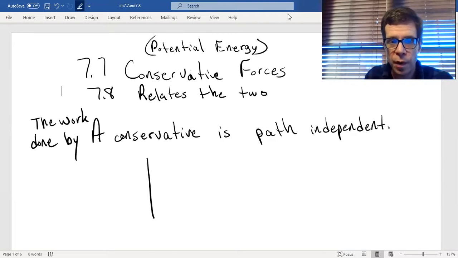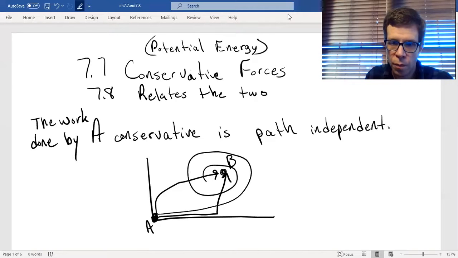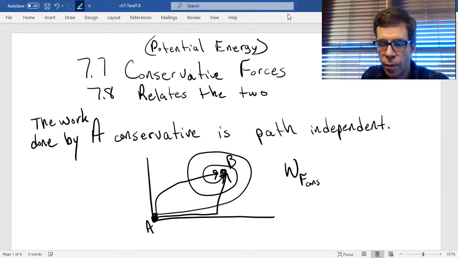Right, so if we were to consider moving an object from point A to point B, no matter how we get there, the work done by a conservative force is the same.